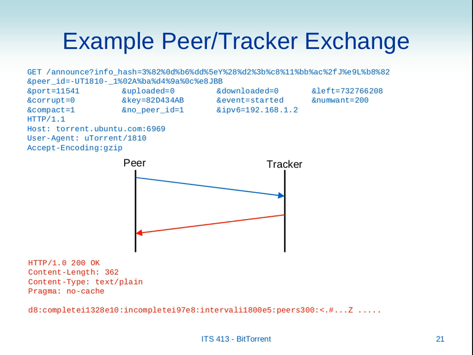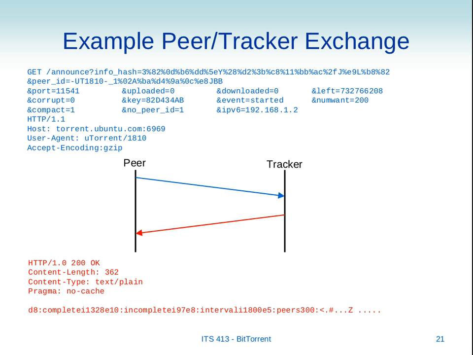I've introduced spacing in here just to make it a little bit clearer on this slide. In practice, there's no spacing. It's just one long string, one long URL. And that's the format in any URL: question mark, parameter name equals value, ampersand, and so on for each subsequent parameter.